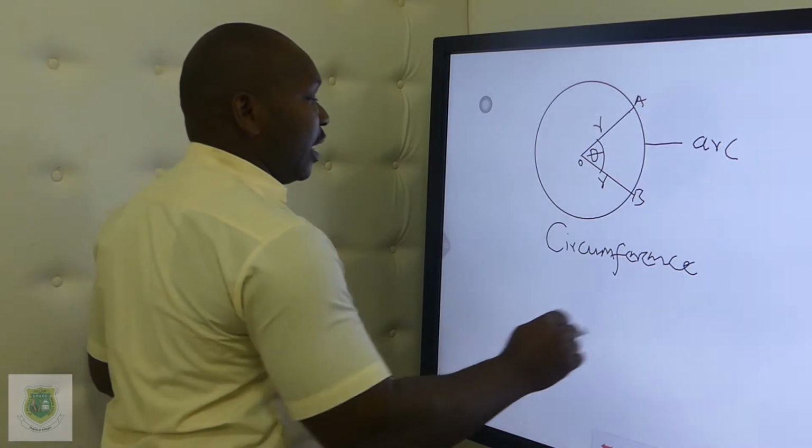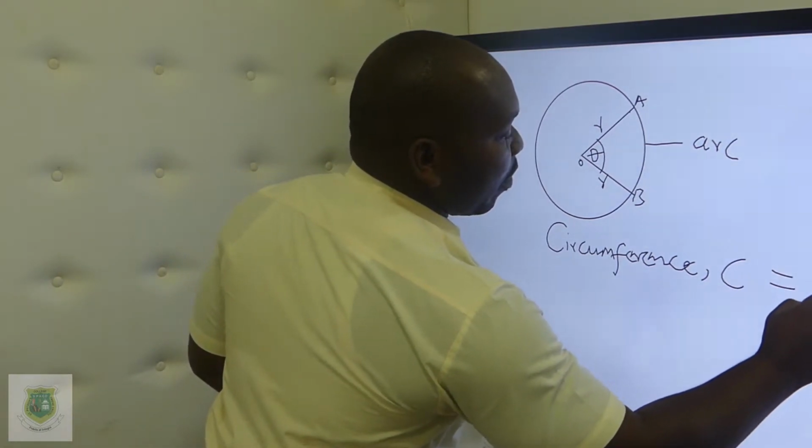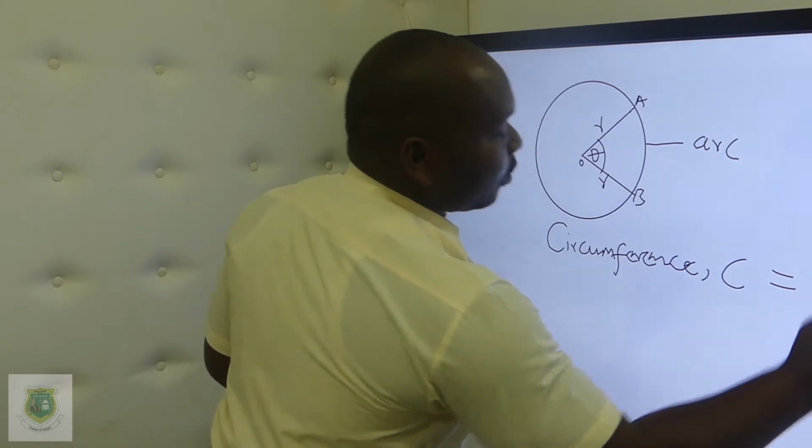And this circumference is given as 2 pi r.